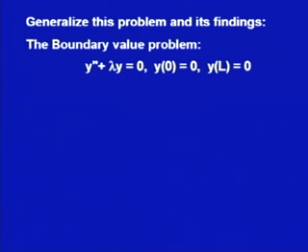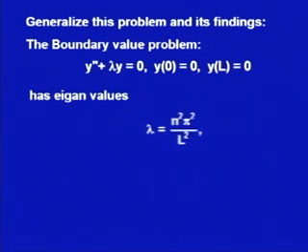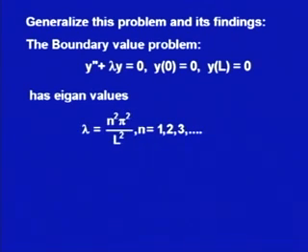There, my condition was y at pi. Now, I am not working with the interval 0 to pi only, we are generalizing it to 0 to L. If I generalize it, we would get eigenvalues only of n square pi square upon L square.